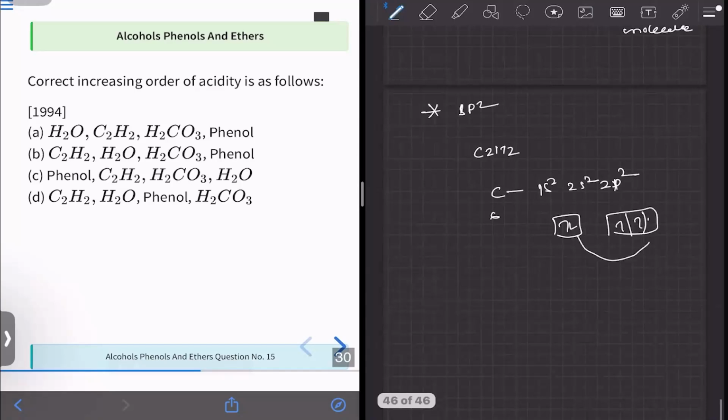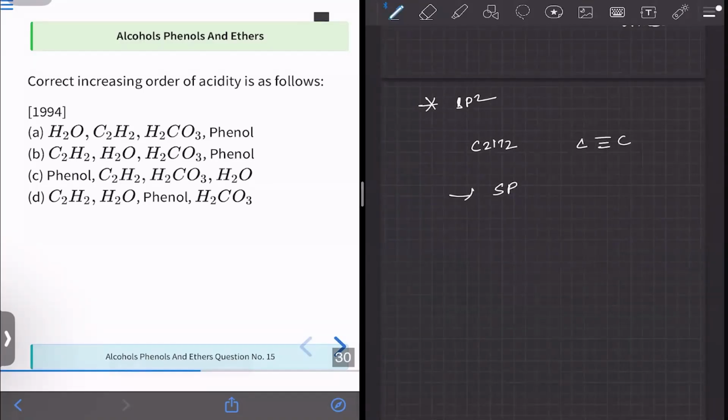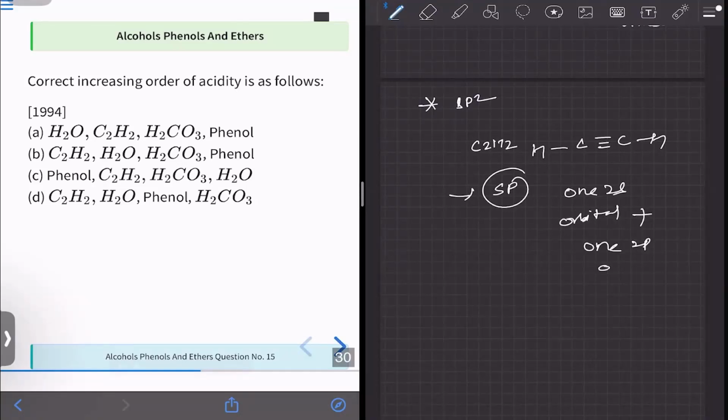The hybridization of C2H2 is sp, because it includes a triple bond. One 2s orbital reacts with one 2p orbital.